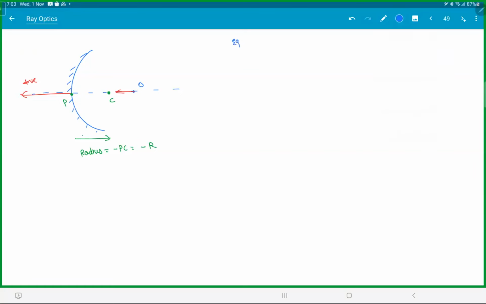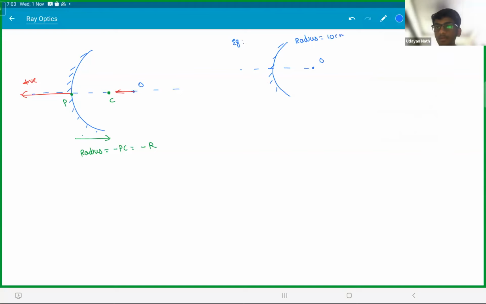Example, let me take a number. Suppose we keep the object here, and let's say radius is 10 centimeter. So is radius plus 10 or minus 10? Minus 10. So basically, center will be somewhere here. The light rays are going this way, so this is positive. Center is on the negative side.